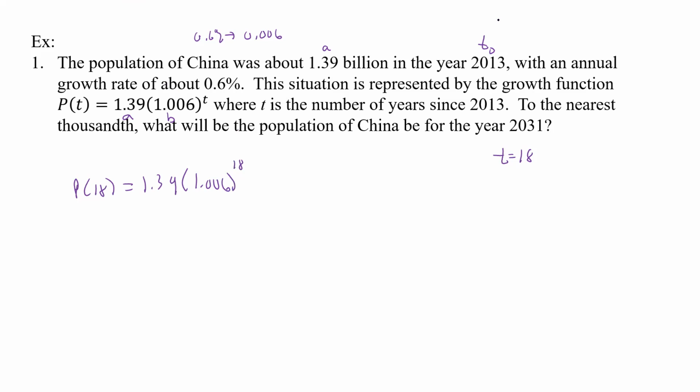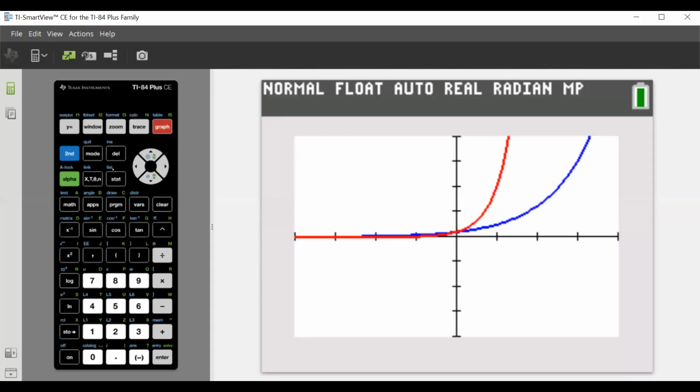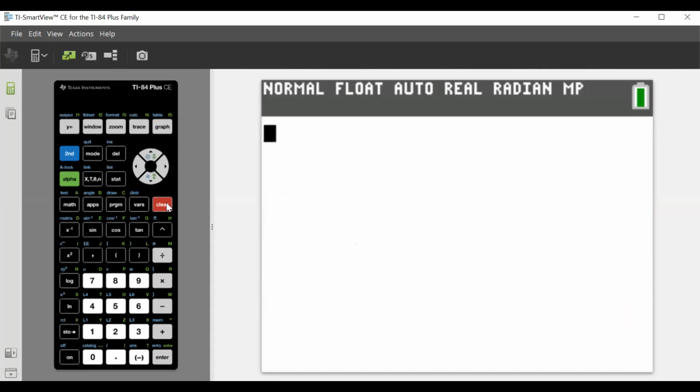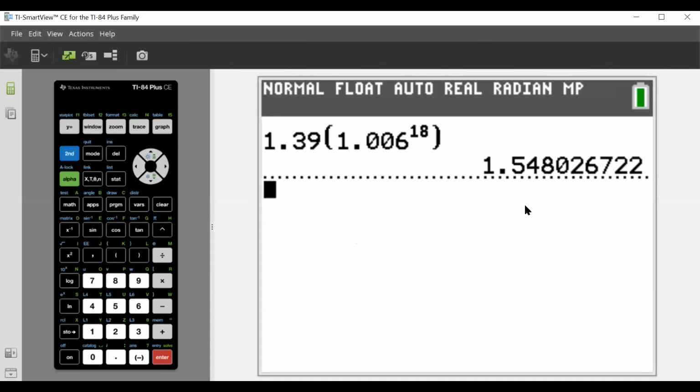So we're going to use our calculator once again. Now let's clear out of here. And so we're taking 1.39, and we're going to take that times 1.006 to the 18, and bring our thing down in parentheses. And so it says 1.548026722. It said to the nearest thousandth, so we just want 1.548.